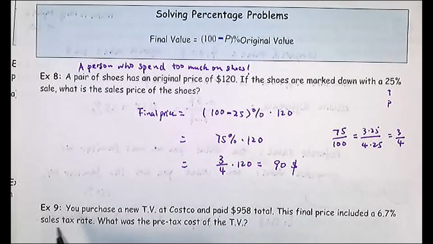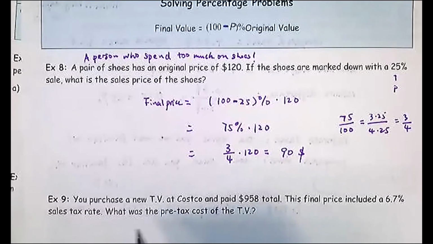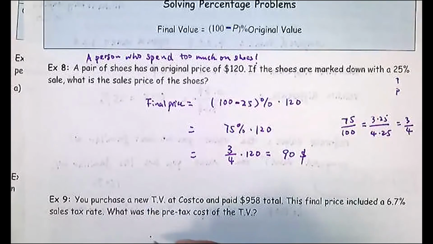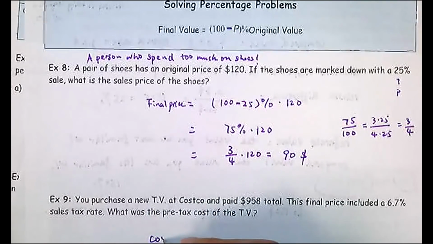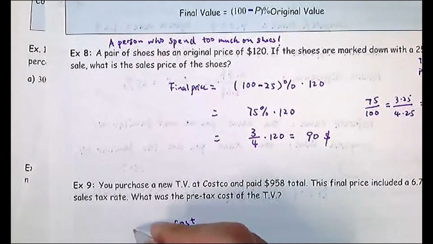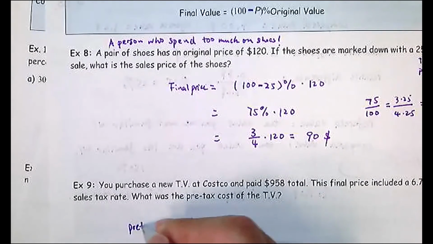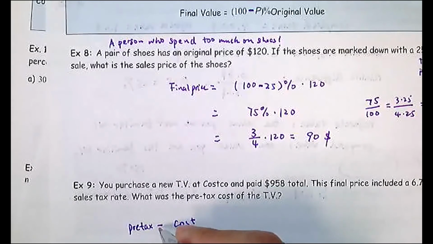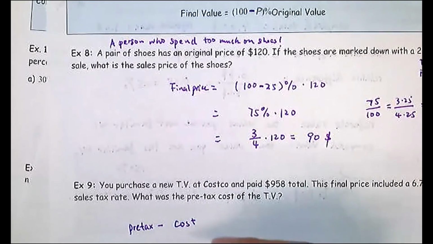You are adding an extra amount. So let's say the original cost, the pre-tax cost. I use a hyphen to connect the two words.